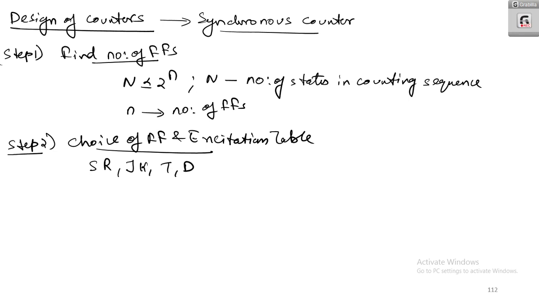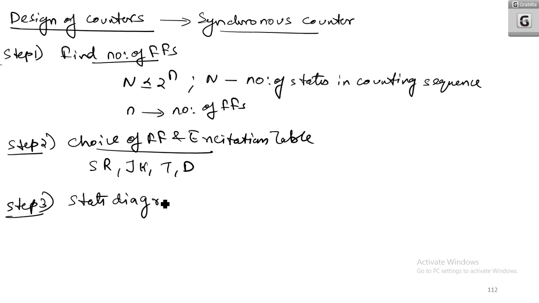So you can design a synchronous counter based on any of these 4 flip-flops. You can choose any one and draw its excitation table. That is the second step. I'm not going into detail about the excitation table because it is already dealt with in the previous lectures. Now coming into step 3. Step 3 is draw the state diagram.